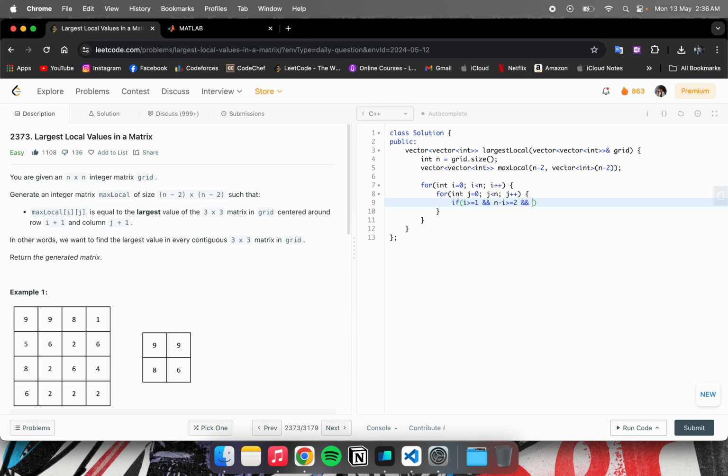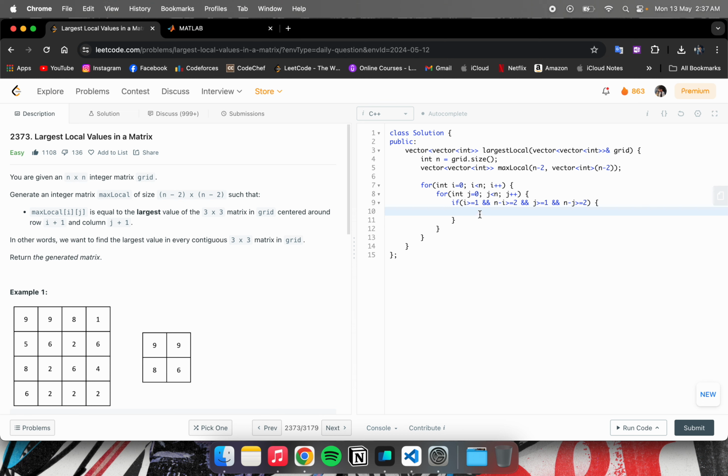Similarly for the column part, j has to be at least 1, and there should be at least one column to the right of j, so n minus j should be greater than or equal to 2. Once these conditions check out, that means this i comma j can be the center of a 3 cross 3 matrix in the grid.